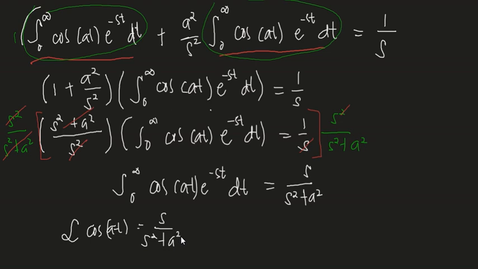So take note, for example, you are given the equation: what is the Laplace transform of cosine 5t? The Laplace transform will automatically be equal to s all over s squared plus 25. It is easy if you already know the original equation. But our goal for this week, for this video, is to introduce how the transformation happened.